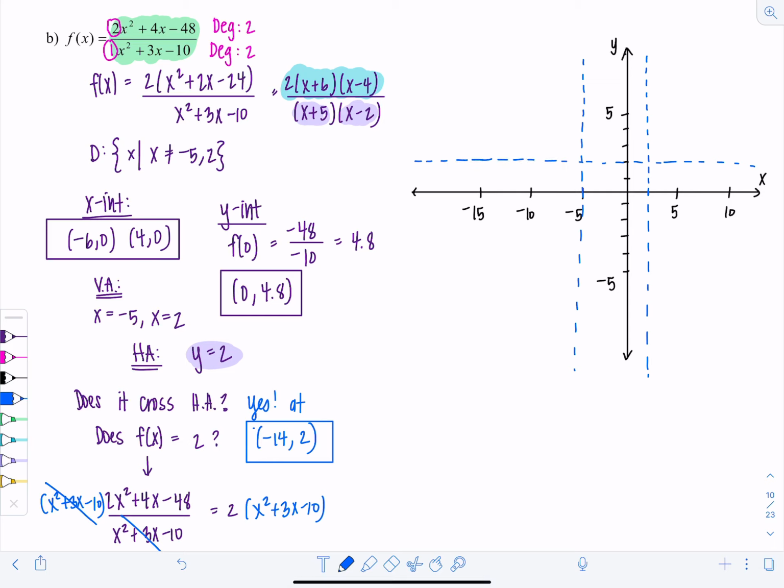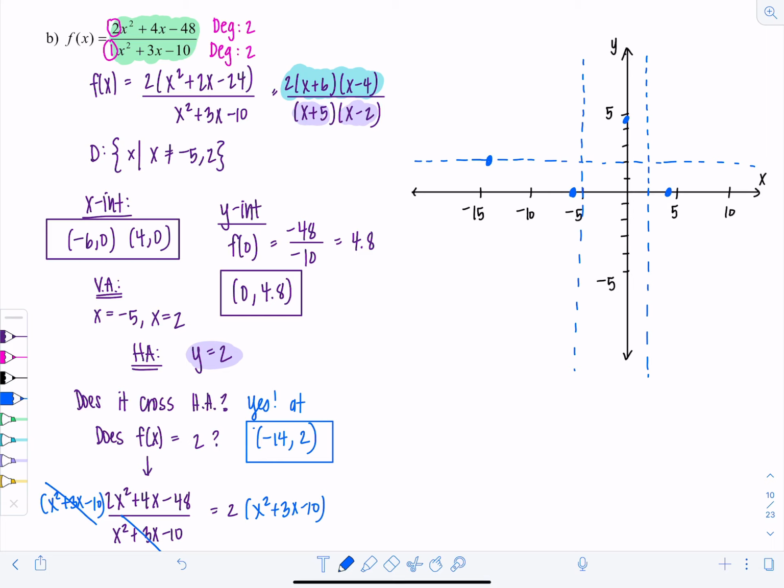Good. Now let's start plotting the intercepts. So we have negative 6, 0. So maybe right there. 4, 0. And then the y-intercept is 0, 4.8. And then remember, our graph crosses the horizontal asymptote at negative 14, 2. So I'm going to plot that point there as well.